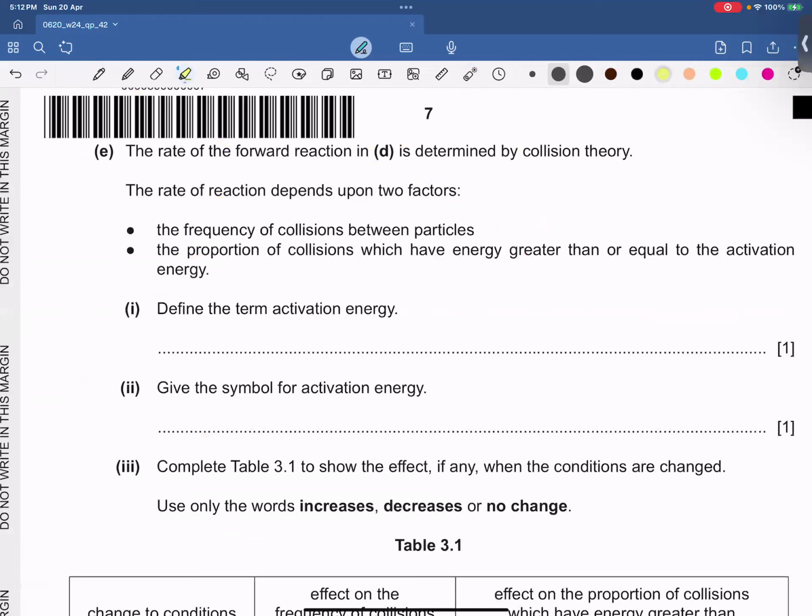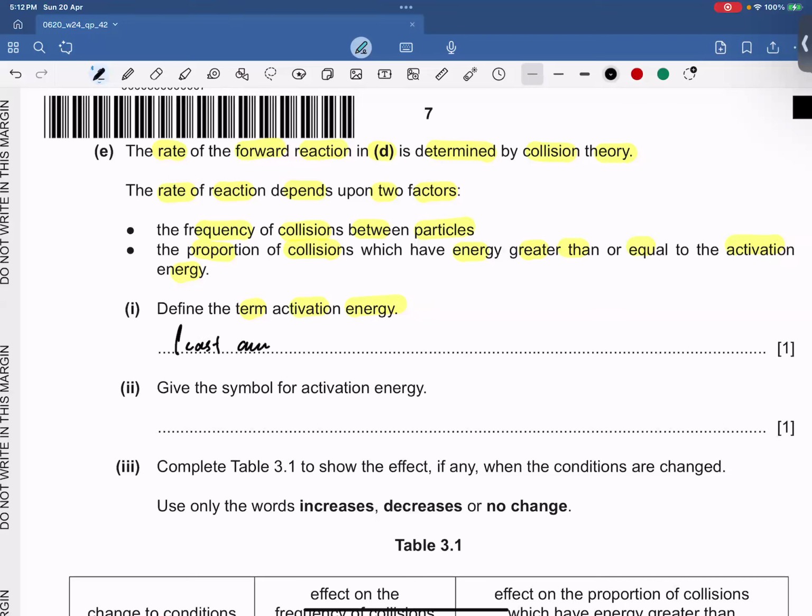Next, the rate of the forward reaction in D is determined by collision theory. The rate of reaction depends upon two factors: the frequency of collision between particles, also called collision frequency, and the proportion of collisions which have energy greater than or equal to the activation energy. Define the term activation energy.